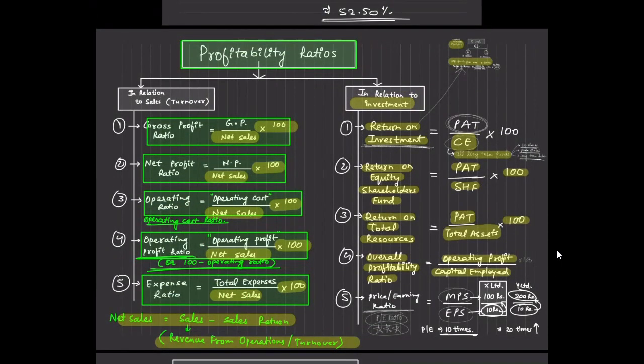Any doubt, anyone? Any doubt in the profitability ratio or their interpretation? Should I move ahead? I can see so many attendees over here, but there are so few responses. This demotivates us when we are teaching. So for my motivation, my friends, can you just reply if you have understood the concept? If not, just let me know. I can revisit any of the topics.